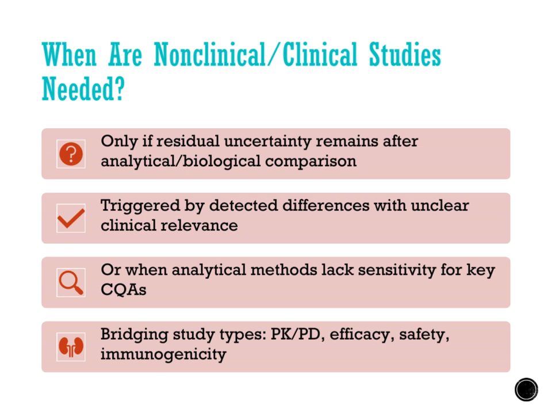The extent depends on risk factors like the magnitude and significance of observed differences, product complexity, strength of structure-activity relationship, immunogenicity concerns, indication, population, dosing, and therapeutic window, and prior clinical experience with the product. Possible bridging includes PK/PD comparability, immunogenicity studies, or full efficacy/safety trials in rare high-risk cases.